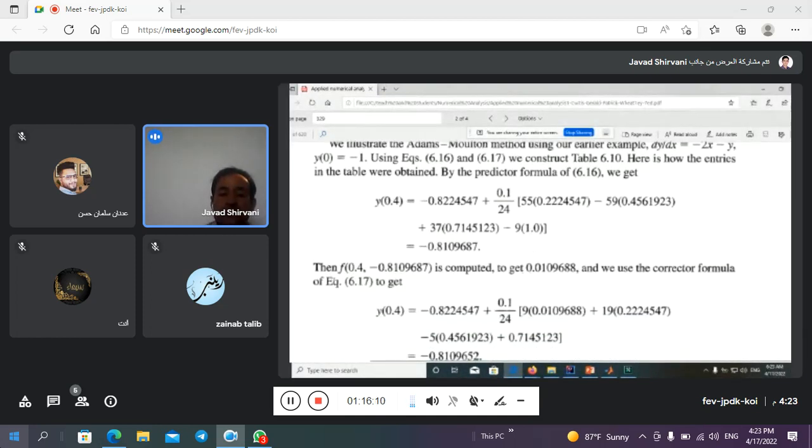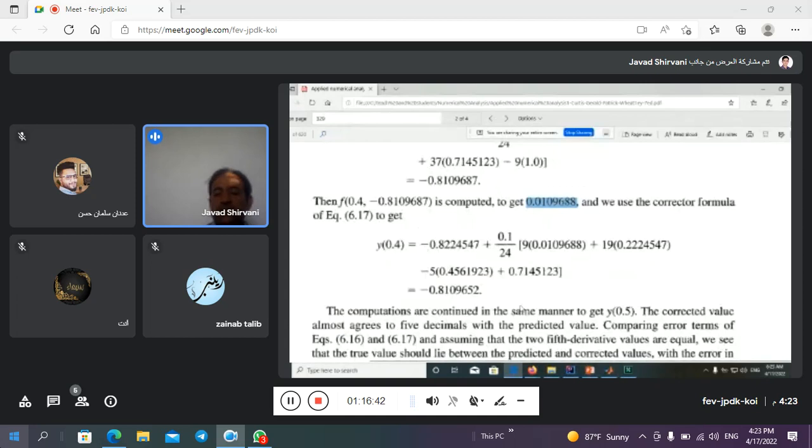To obtain f index n plus 1, we use the value of y at 0.4 and x, which is actually 0.4, to obtain f at this value, which is Fn plus 1, and by using this in the corrector formula, we get this value.